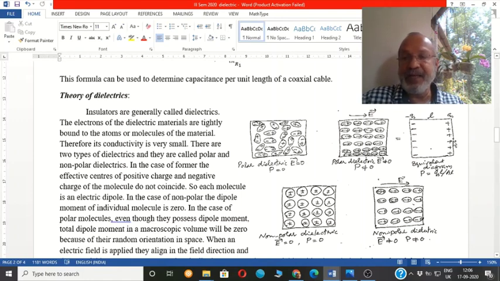This is not a line, this is actually a surface, because the dielectric is a three-dimensional object. So we can consider this as a parallelepiped. So there will be a surface here and another surface there, and we will prove that this P will be equal to sigma. Sigma is the surface charge density. If sigma is the surface charge density, you can show that P will be equal to sigma.